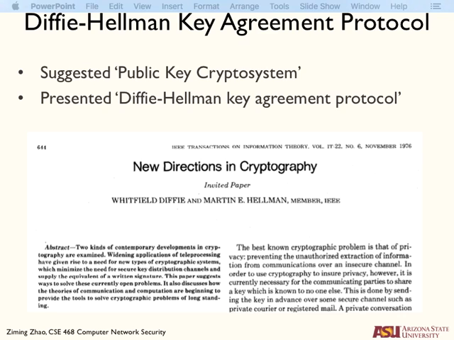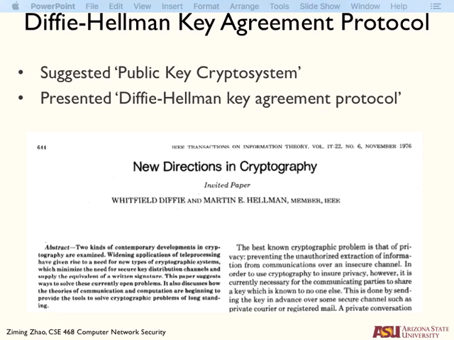They published this paper in 1976. If you pay attention to the journal's name, it's called IEEE Transactions on Information Theory. Information theory is the discipline Shannon created in the first place to prove that one-time pad is perfectly secure.